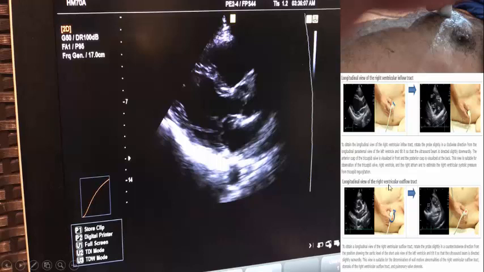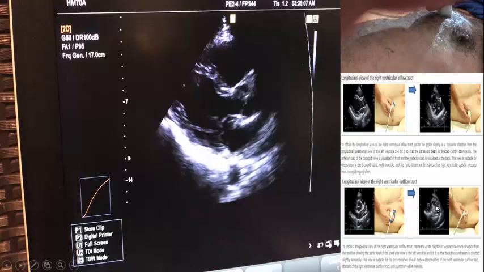What about the right ventricular outflow view? You will tilt the probe upward in this direction. You will see with the volunteer how easy it is. You will tilt upward, and the long axis view of the pulmonary artery will appear on the screen, with the pulmonary valve very clearly visible.